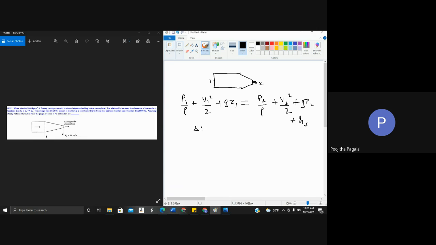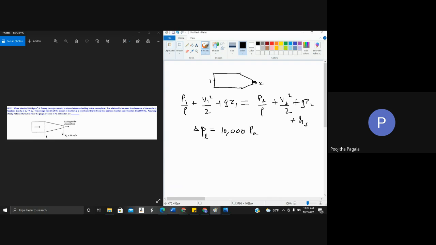So delta P loss is given to be 10,000 pascal. Now we want to convert this into the loss per unit mass of fluid flowing.